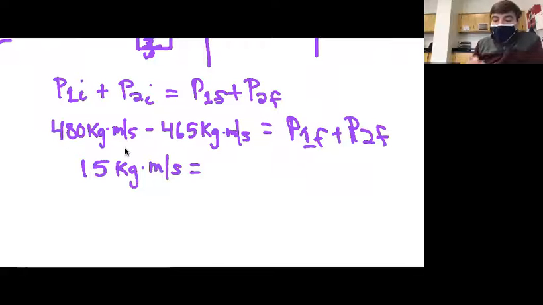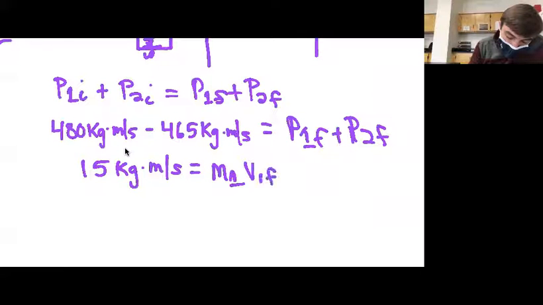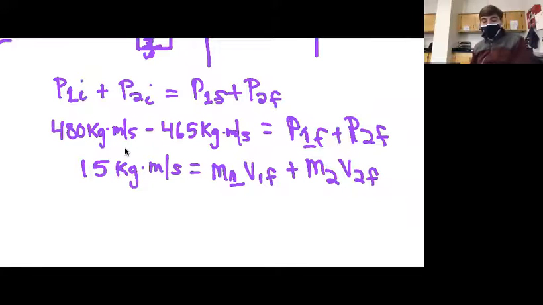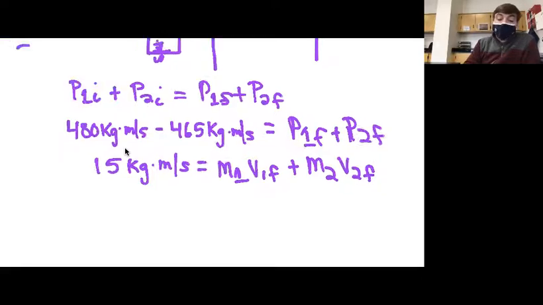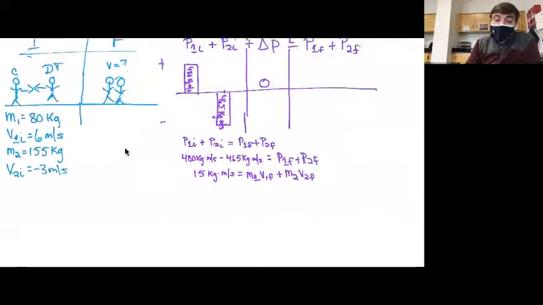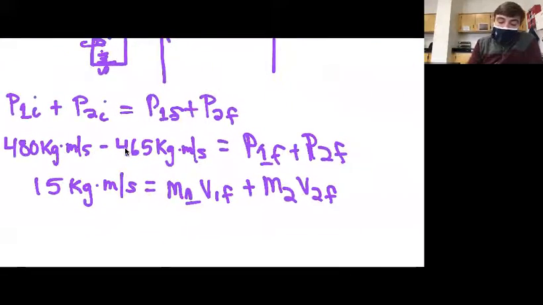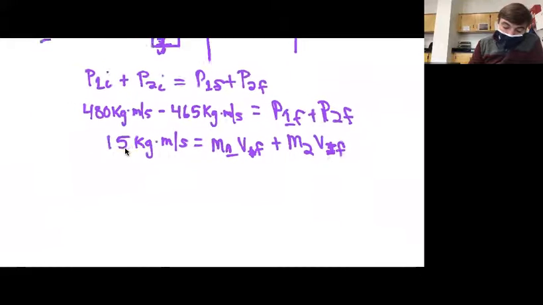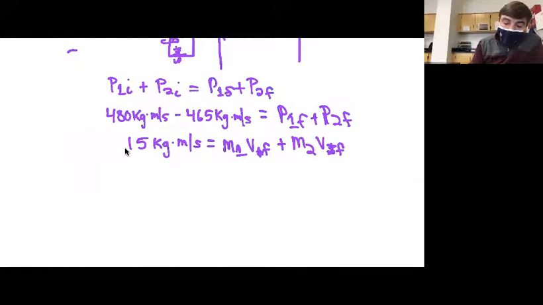And then on the right, I need to break this momentum 1 final and momentum 2 final up into mass and velocity. And then what I really need to do is realize that the problem says that they stick together and move, so they're going to have the same velocity. So I don't need this V1 and V2 anymore. So it just becomes velocity final.